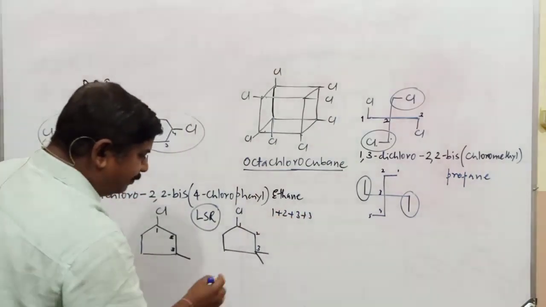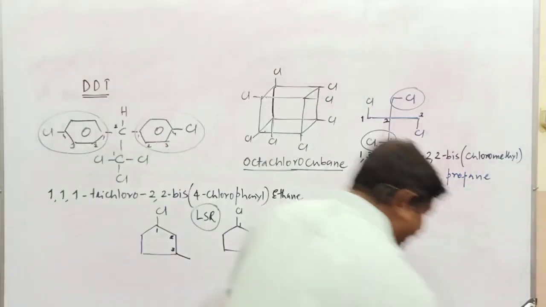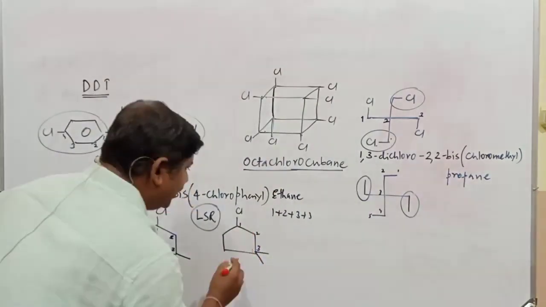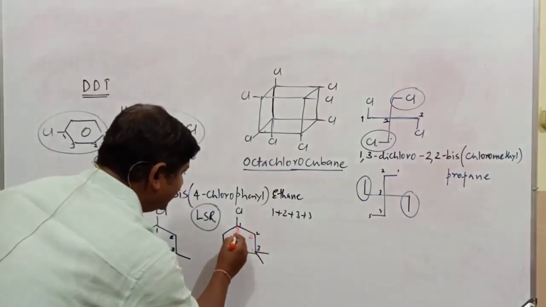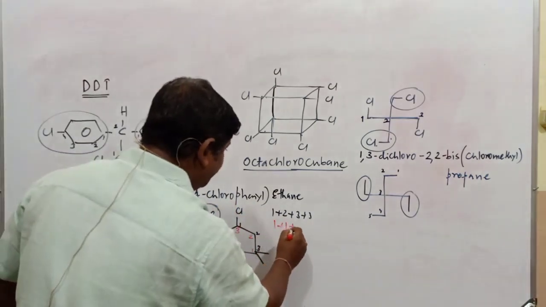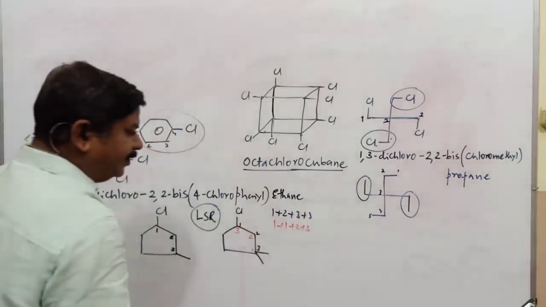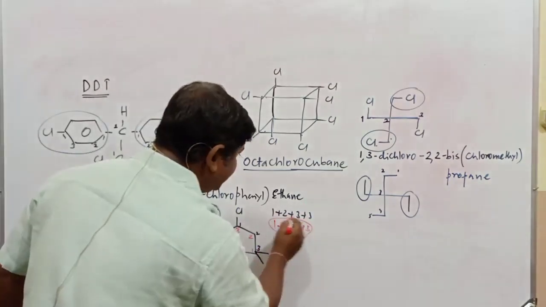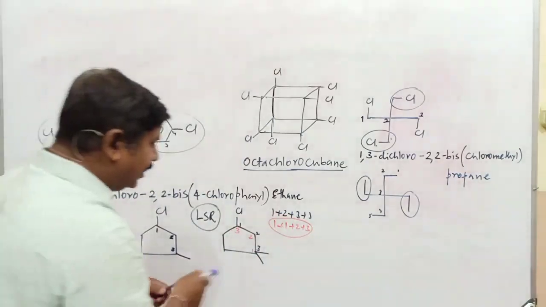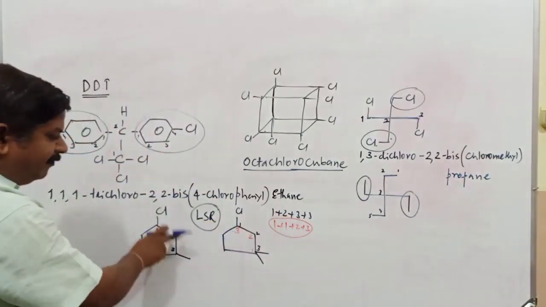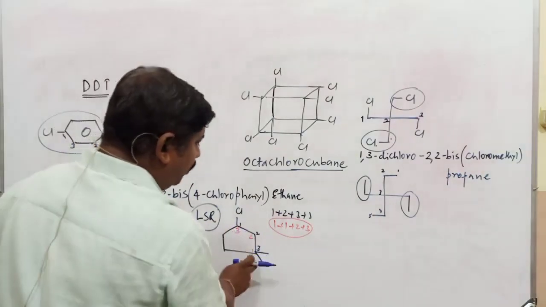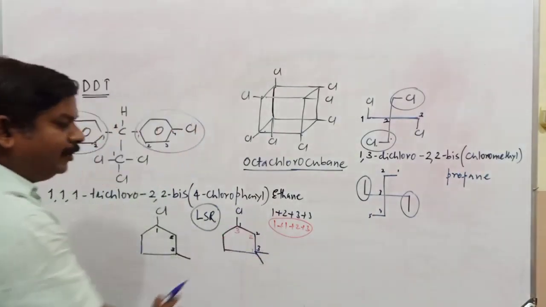Now if I number the carbon chain so that this is 1, this is second and this is third, according to this it is 1 plus 1 plus 2 plus 3. This should be followed because it forms the lowest value. Because of that, alphabetical order is not followed here. Its name is 3-chloro-1,1-dimethylcyclopentane.